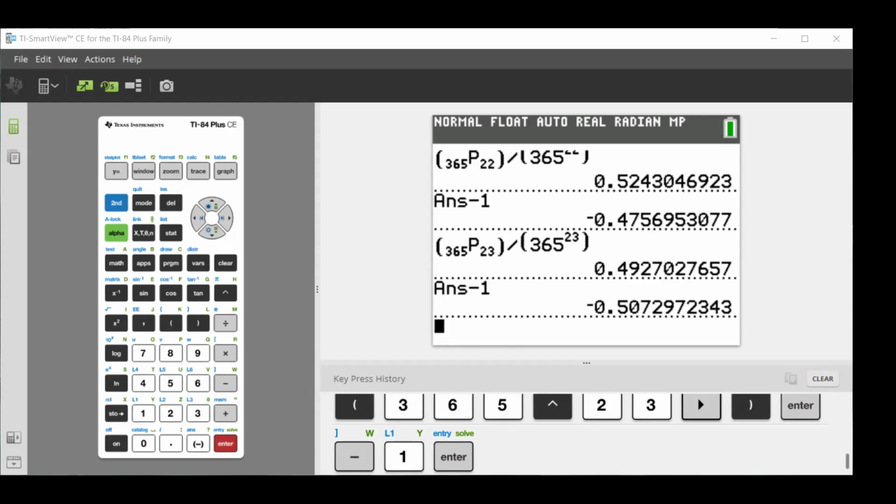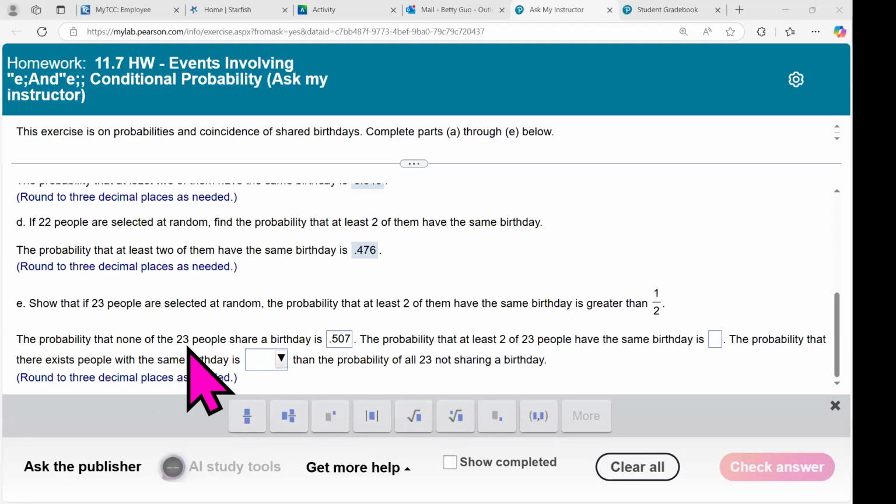Okay, let me stop the sharing and then go to the other screen again. So the probability that none of the 23 people have the same birthday, we got it from the calculator, is 0.493.